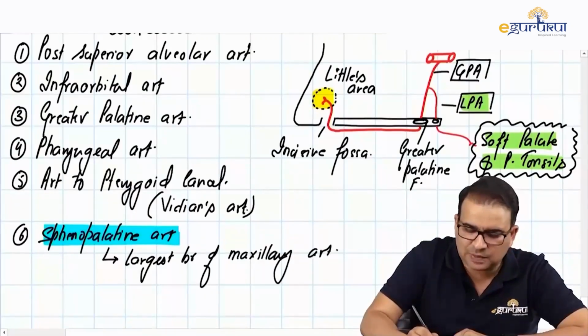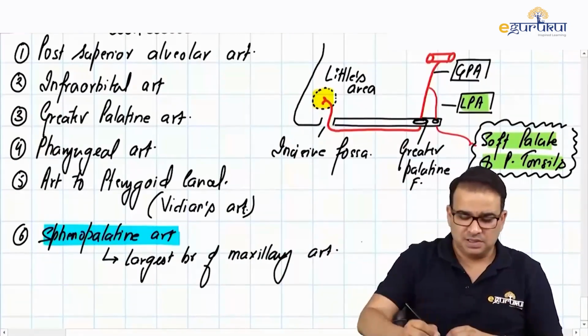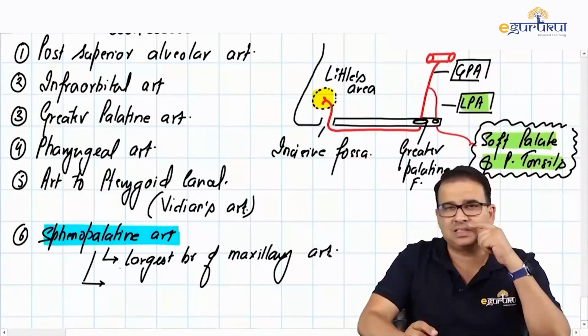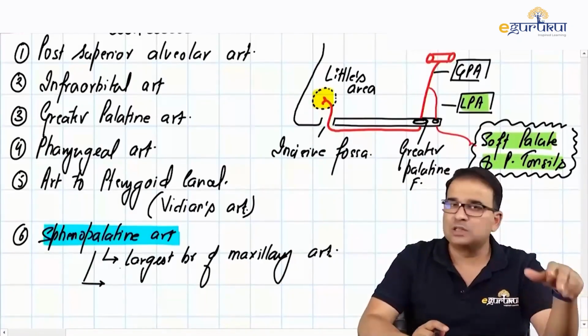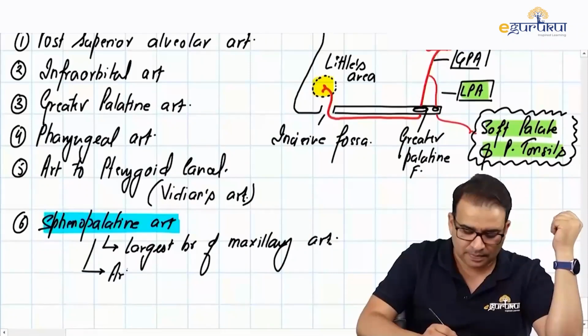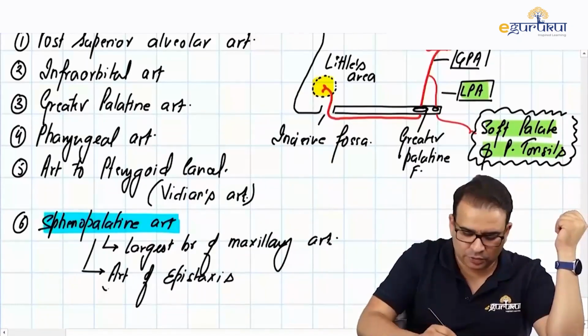Maxillary artery was the largest branch of external carotid, and maxillary artery's largest branch is the sphenopalatine artery. This sphenopalatine artery is a major arterial supply to the nasal cavity. This is also called the artery of epistaxis, artery of nose bleeding.